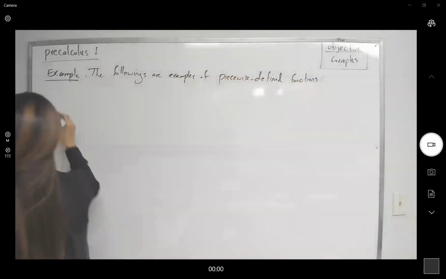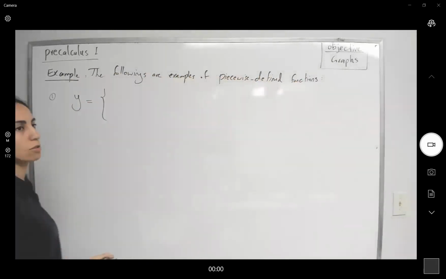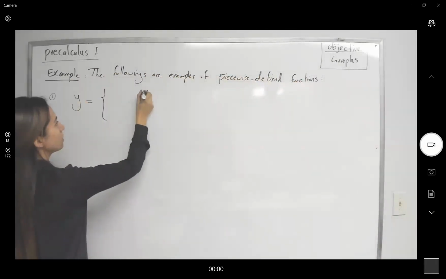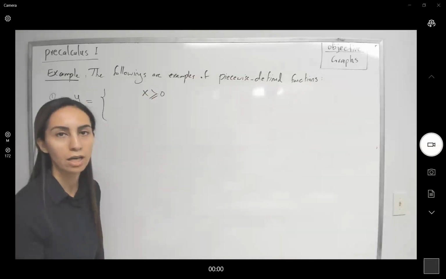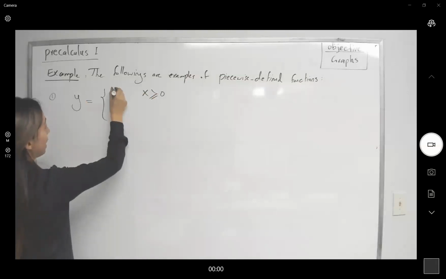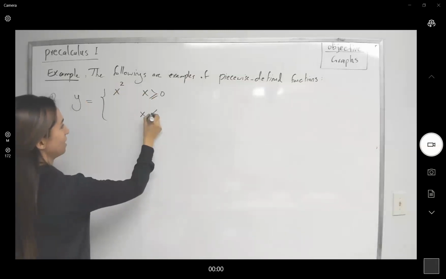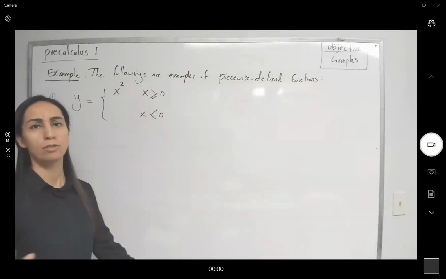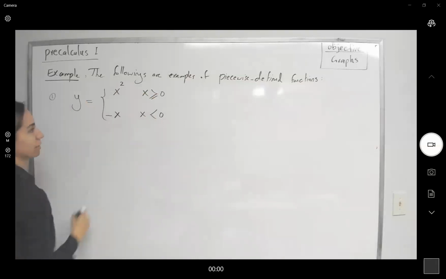Well, the first one, to define this function this way, you would like to say that, hey, if x is larger than or equal to 0, I want it to have a parabola shape, x squared. And if not, if x is less than 0, I want it to have a linear shape, like what? Minus x.